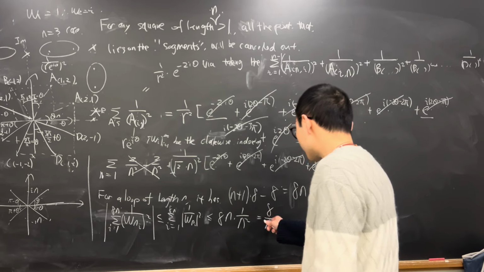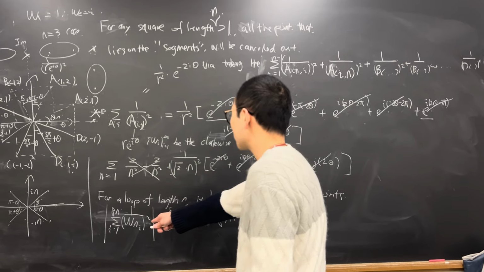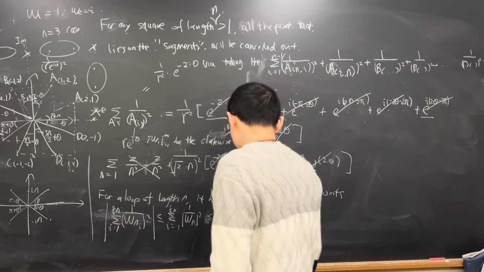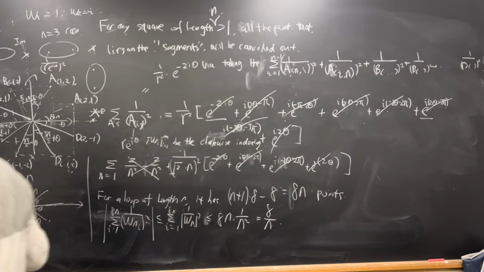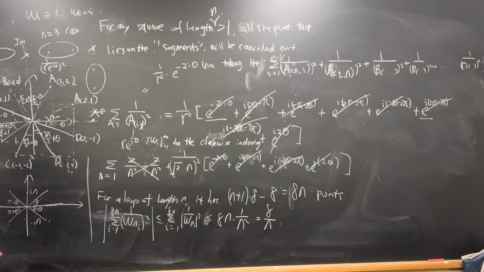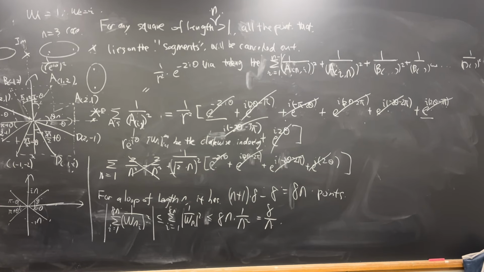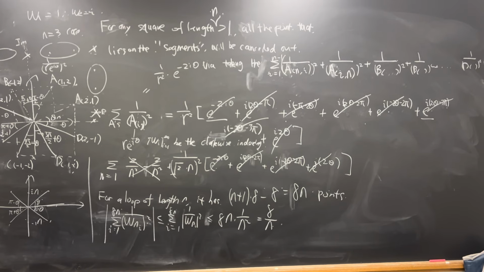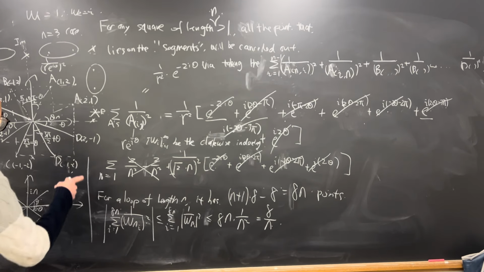So for n large, this is very close to 0, and we are allowed to do that. Therefore this shows the convergence. Basically you can break the indices into two parts, one part being the loop indices.